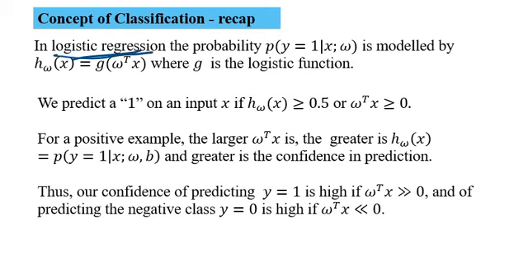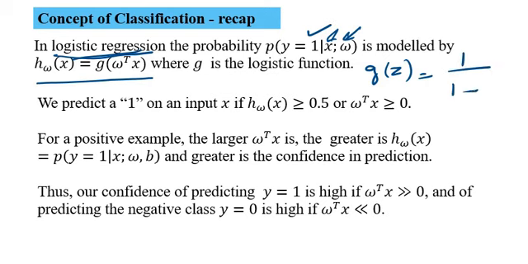So in logistic regression, the probability P of a data point belonging to the positive class, given the x value and the parameters w, we model it using a sigmoid function, also known as the logistic function. So we have this g(z), we would all recall, is 1 divided by 1 plus e to the power negative z.